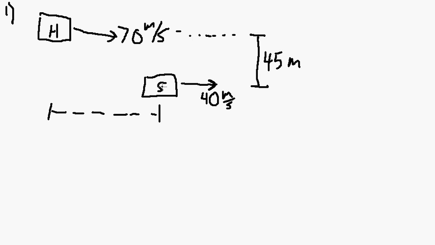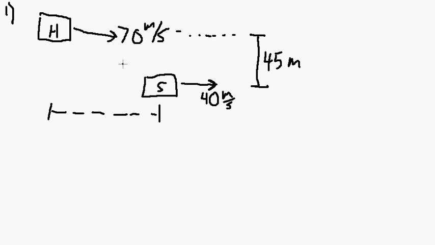You've got two objects moving both horizontally at different speeds, and you can set this up in a number of different ways. You can do it straight away: say Harry drops the package, figure out how long it takes the package to get to Santa's height, and then figure out how far the package goes horizontally.